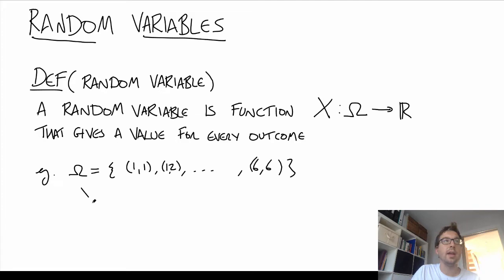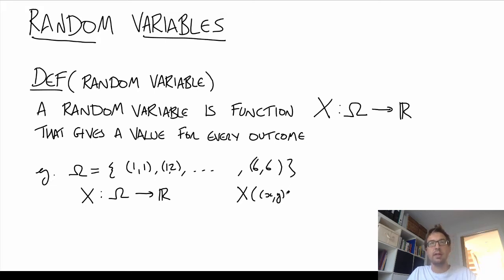Okay, and then X would then be the function that goes from our sample space, okay, to, well, numbers between 2 and 12. Okay, so X of the outcome, let's say this is d1 and d2, where d1 is the number from the first dice and d2 is the number from the second dice, is just equal to d1 plus d2.